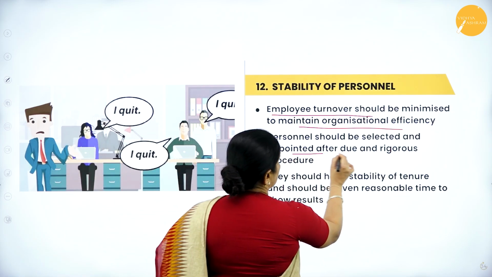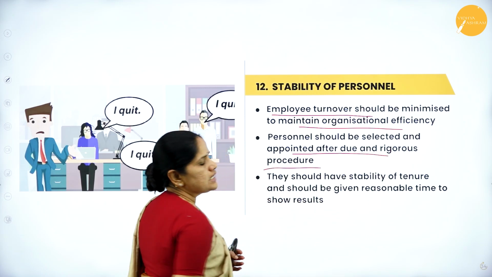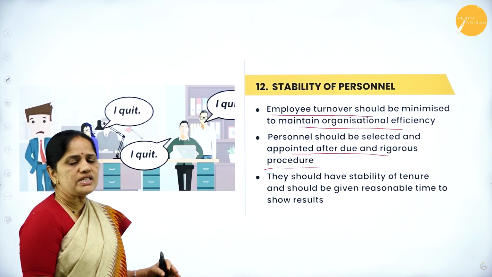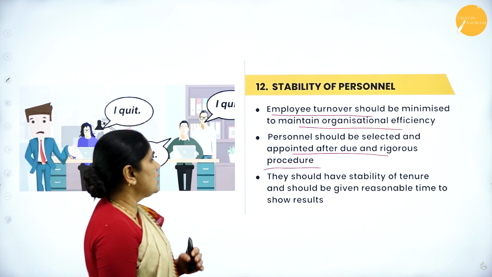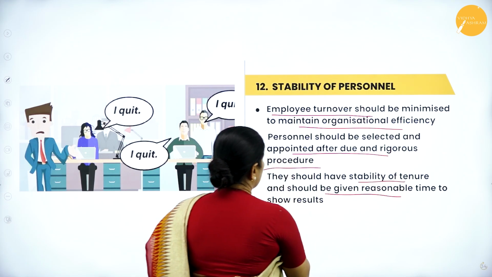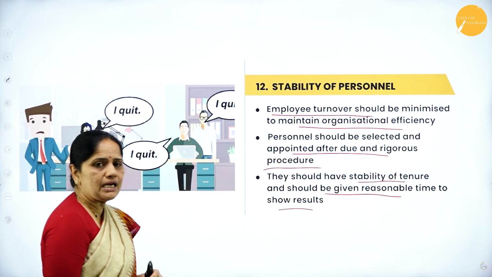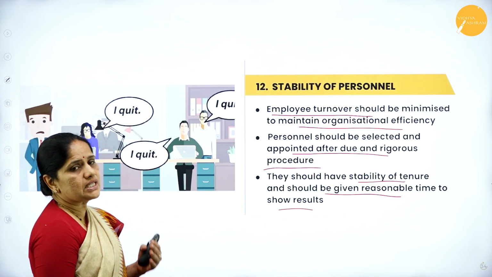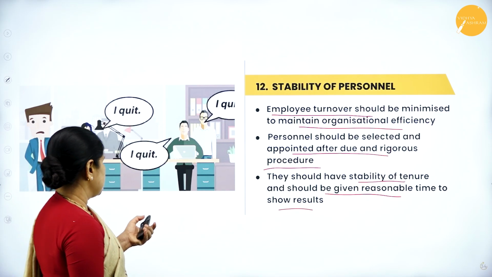Employees should be selected and appointed after a rigorous procedure. Only when you do this, they will remain in the organization for a long period. They should have stability of tenure and should be given reasonable time to show the result. So you should also give them proper time to prove themselves. So that is stability of personnel.